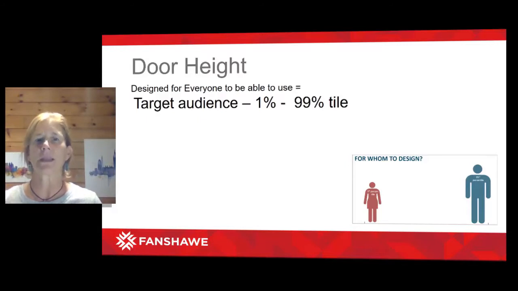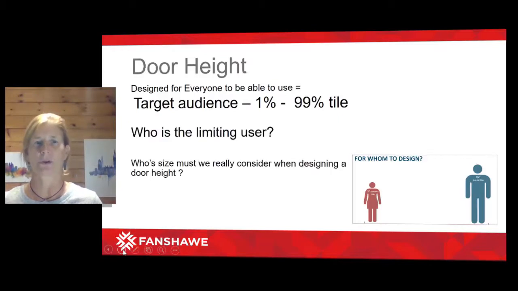So we would like to make sure that the tallest individual could fit through that door. And by the tallest individual then, we could then make sure that our small individual could go. So who is the limiting user? Whose size must we really consider in the design of the door height?